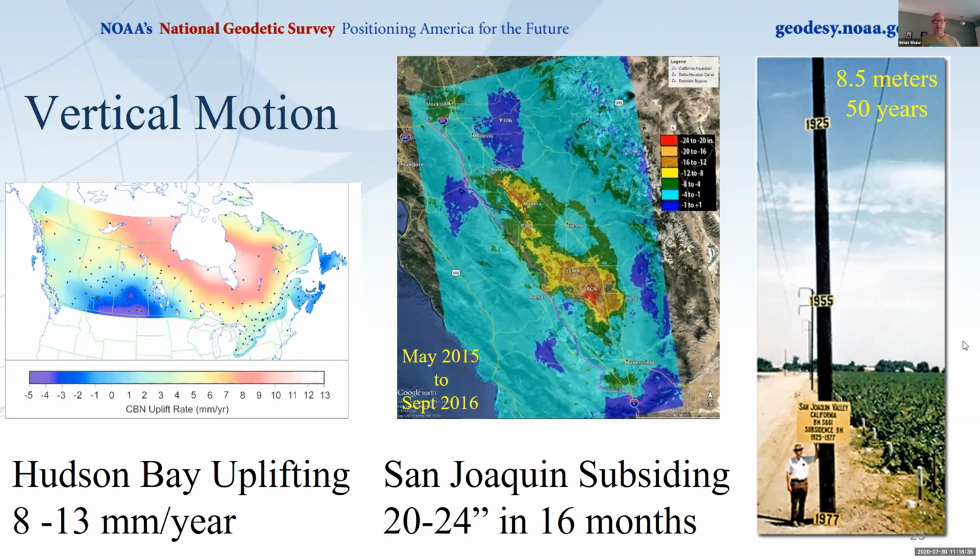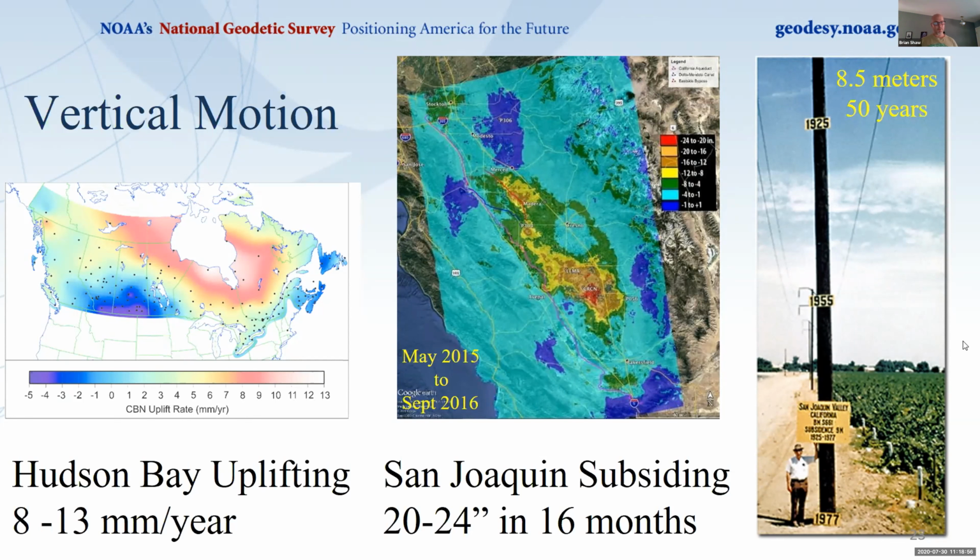And then in the middle here, you have a USGS study that shows the San Joaquin Valley subsided up to 2 feet in 16 months. 2 feet is not a small amount. And looking at the right, you can see how much that subsidence added up over 50 years: 8.5 meters over 50 years.